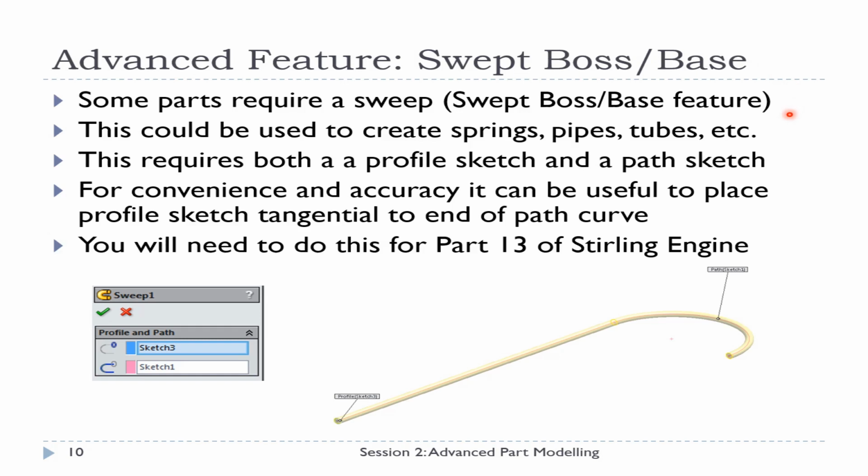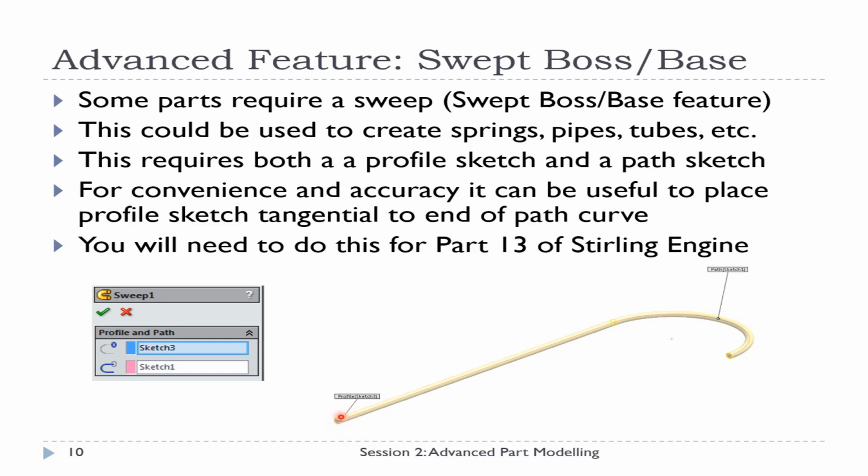Effectively, swept is very similar to the extrude feature, but instead of following an orthogonal extrusion direction, we can define a path. Okay, so let's have a look at this example here.